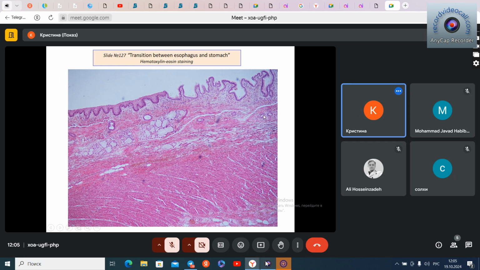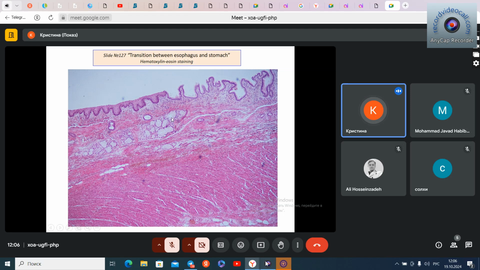Their secretory portions are located in the lamina propria mucosa. These are the secretory portions of the esophageal glands proper. They are mucus-producing glands. Their secretory portions are located a little bit at the level of the stomach, but the ducts always lead to the surface of the esophagus.